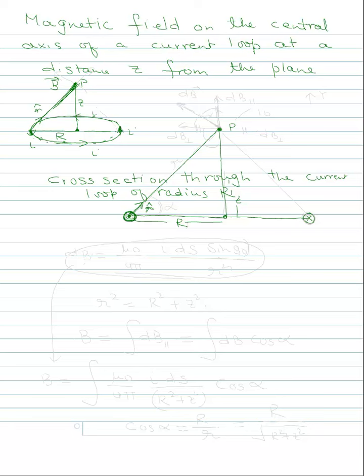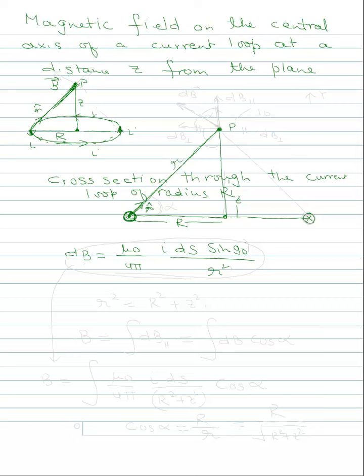In other words, according to the Biot-Savart law, the magnitude of dB is mu 0 over 4 pi, I ds sine 90 degrees, divided by r squared, where r is basically the distance from here to here.